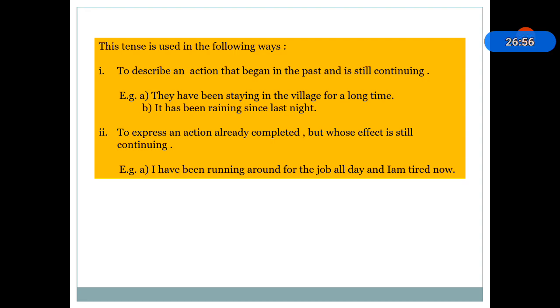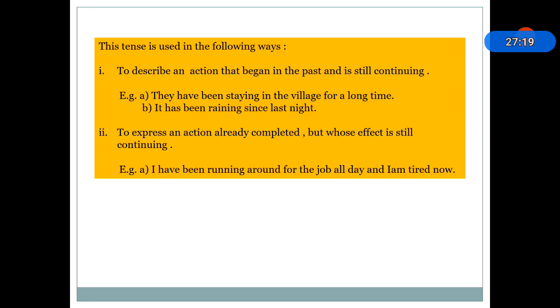It is used to describe an action that began in the past and is still continuing. Example, they have been staying in the village for a long time. Or another example, it has been raining since last night.